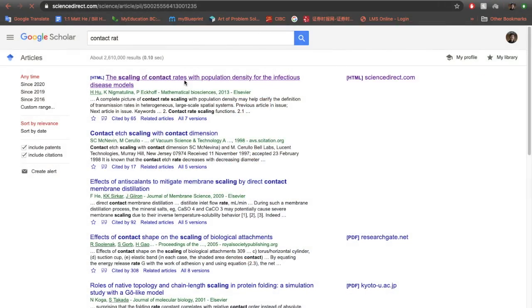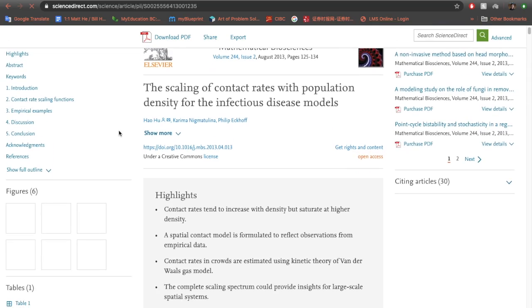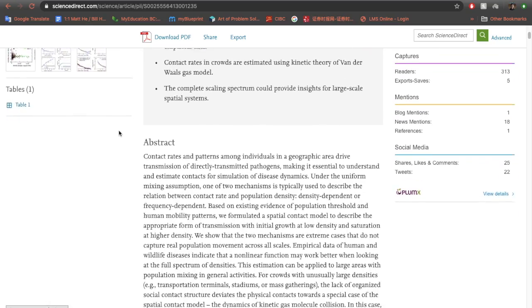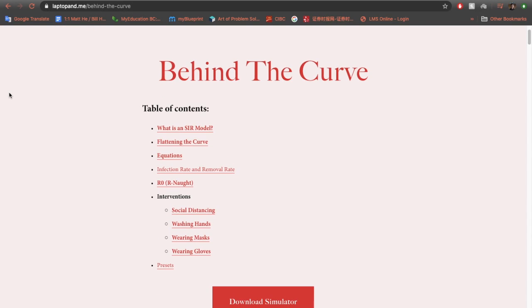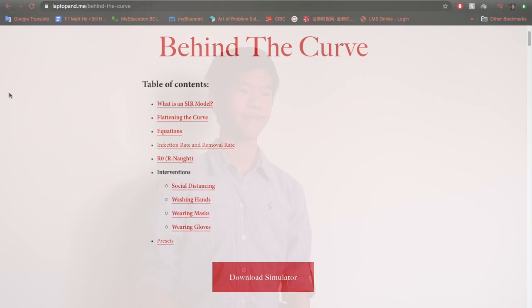For example, when contact rate was introduced, I saw that a couple of sources found an average to be 6 per day, which became an input factor to calculating the transmission rate beta. I then coded it in as such. For a more detailed write-up on the SIR model and my parameters, check out my website.